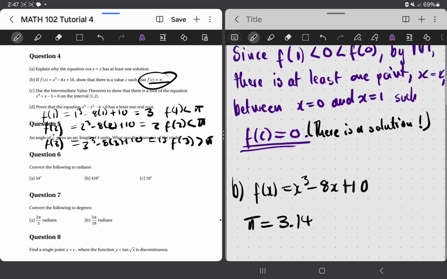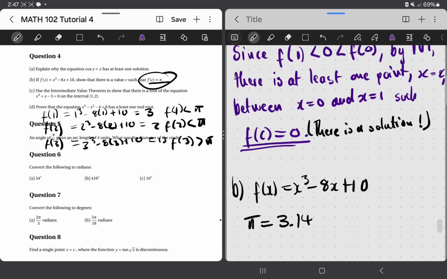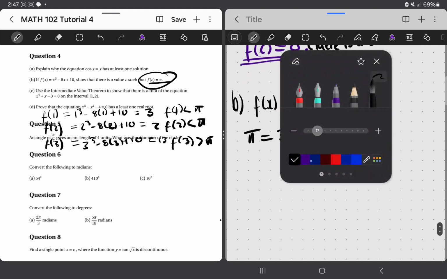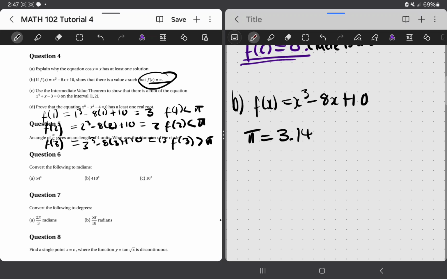So we can even use 1 and 3, whatever. But we can use 2 and 3, since we just got that f of 2 is less than pi and f of 3 is bigger. Once you have two values where one is less than and the next one is bigger than, then we know between them there has to be a value which is equal to.